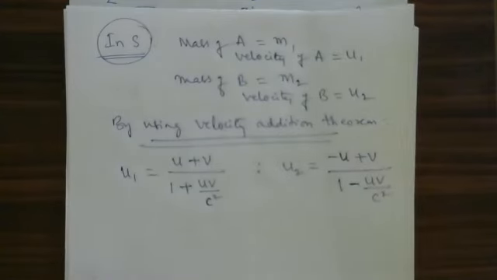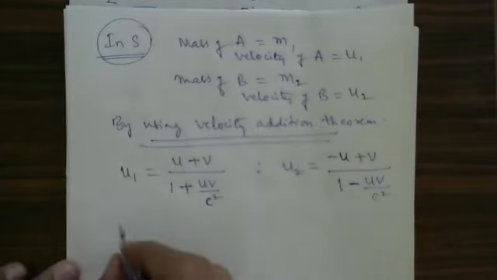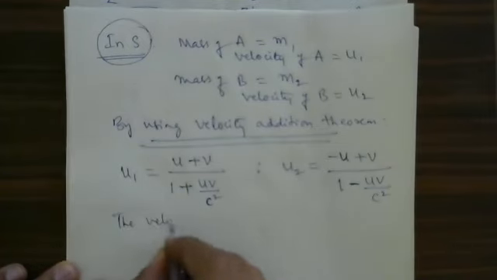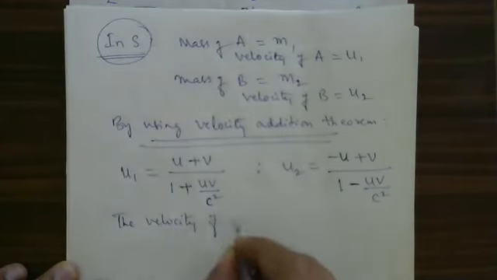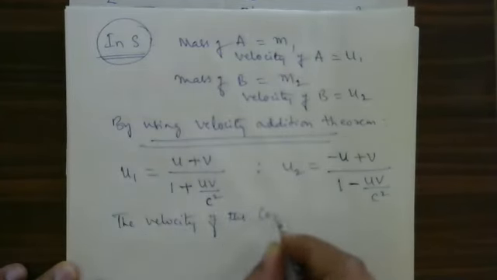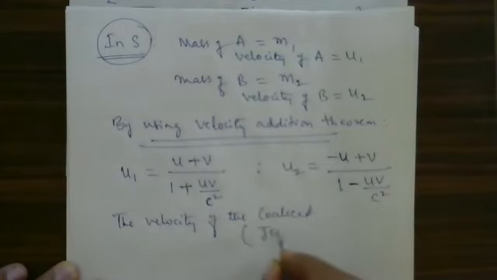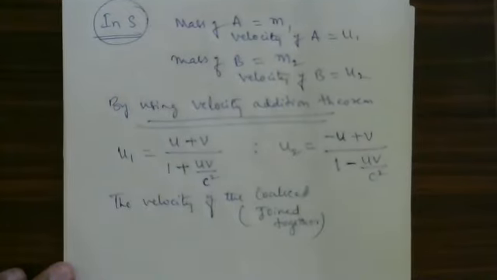Now, once they collide, the velocity of the coalesced mass I will consider as V. Coalesced means joined together.